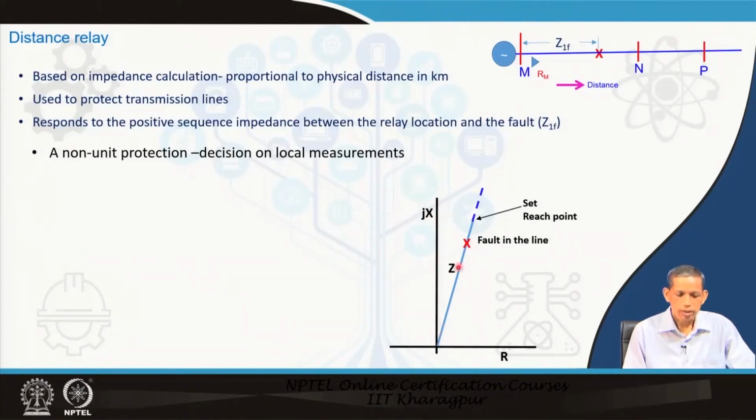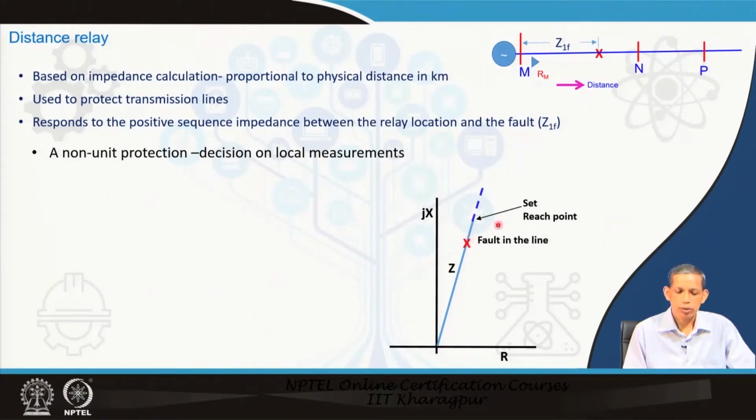So, this line refers to the positive sequence impedance of the line. We know that the line impedance angle is something like 80 to 85 degrees. So, this angle shows the impedance of the line.